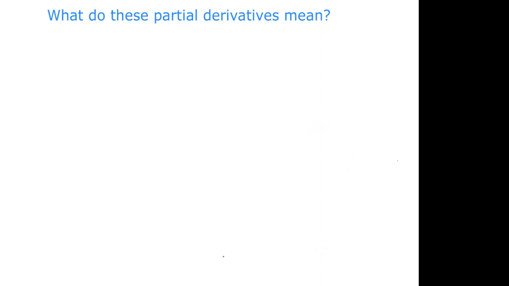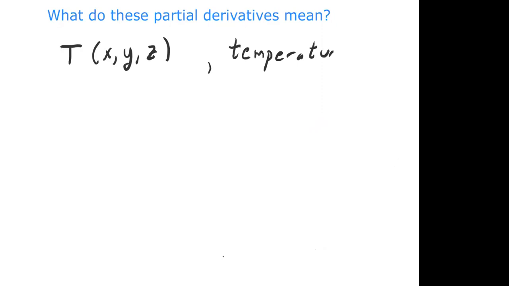Let's have a function which we'll call T, and it'll depend upon x, y, and z. And in this case, T is temperature. So this has a nice, very simple physical meaning. This is an example, again, of a scalar field or scalar function. Both terms are synonymous.